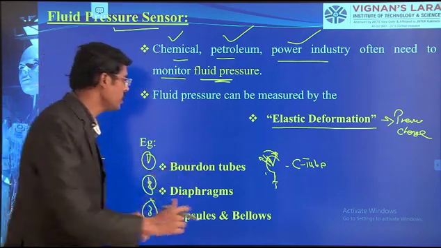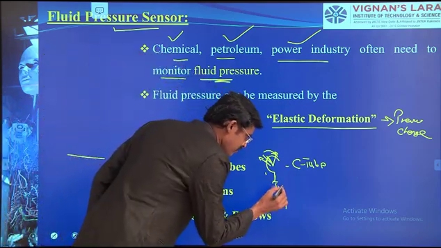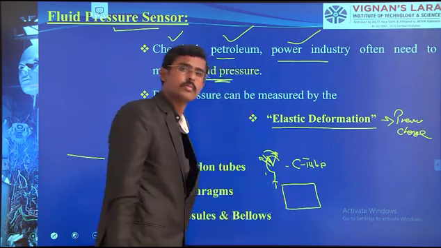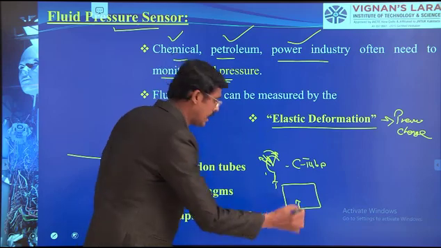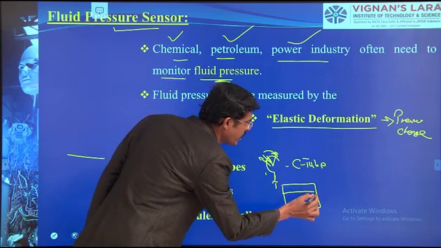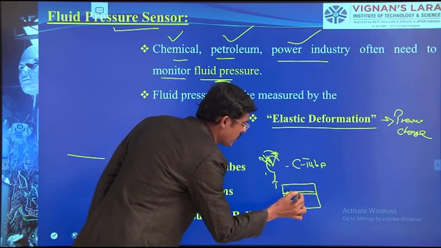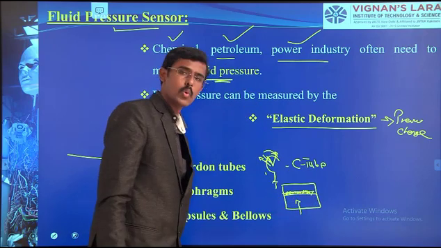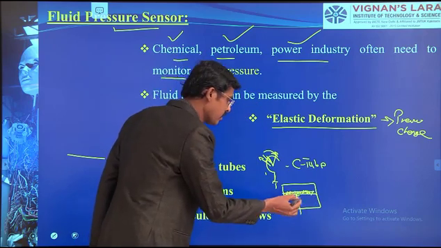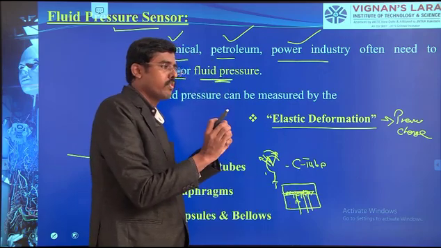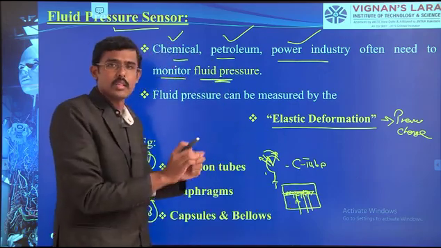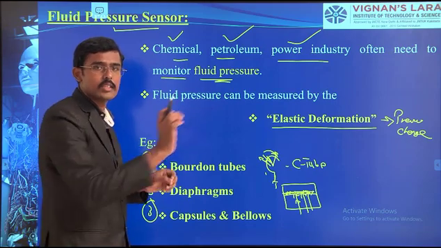Diaphragm, what we are doing here, we have a box and the inlet is coming here, and a rubber diaphragm material we have kept here in a closed format. When this pressure load is hit here, the diaphragm rubber, out of resistance, expands, or elastic deformation occurs.